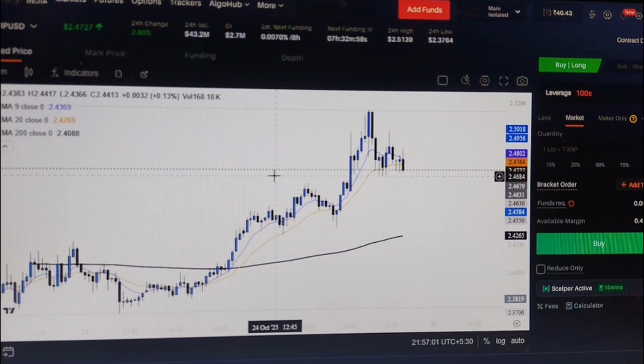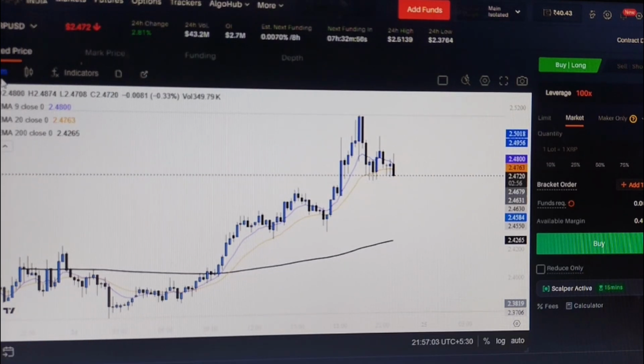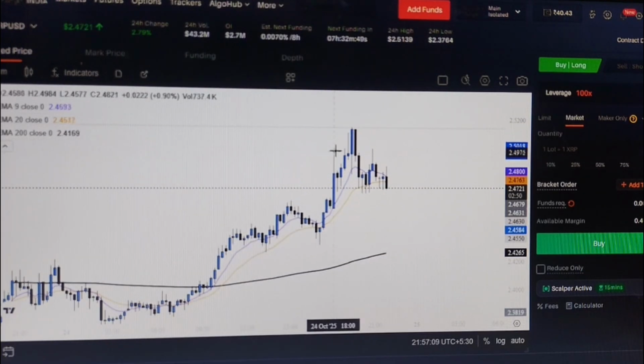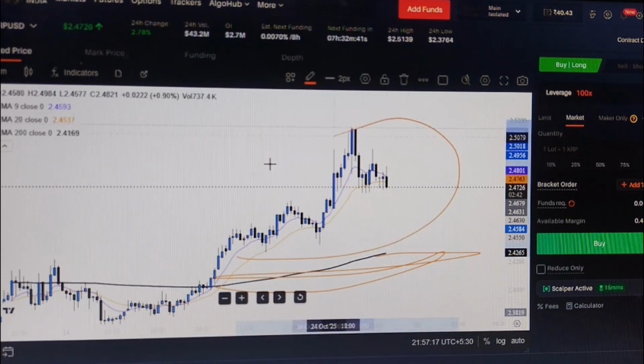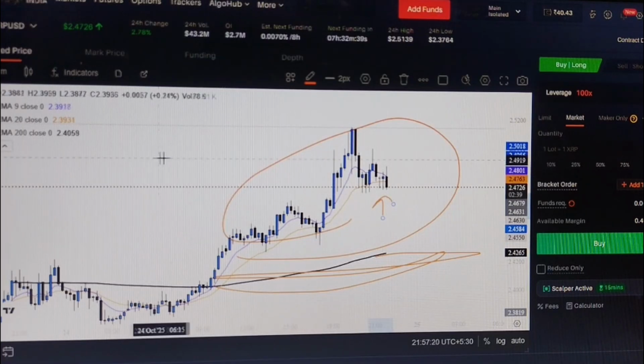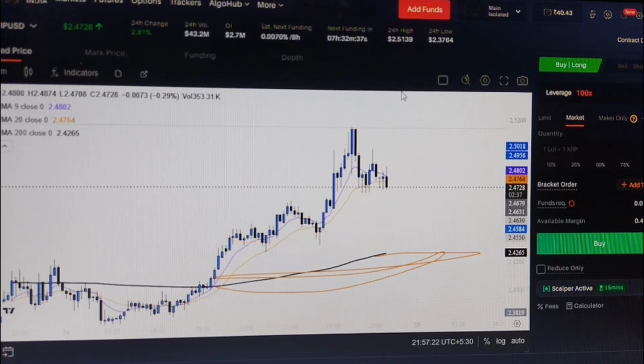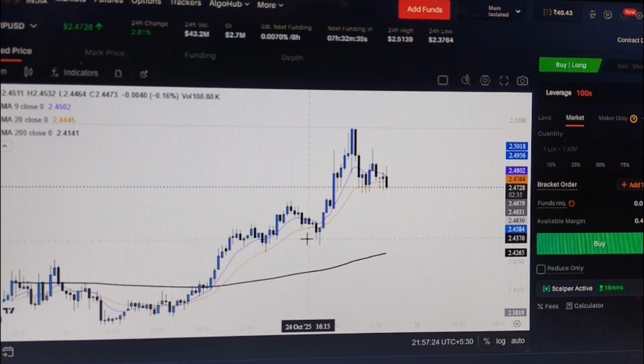Whenever the price is above the 200 moving average, I'm only going to look for longs. So here you can see, let me get out the pen. Here is the 200 moving average and the price is above it, so I'm going to only look for places where I can buy.